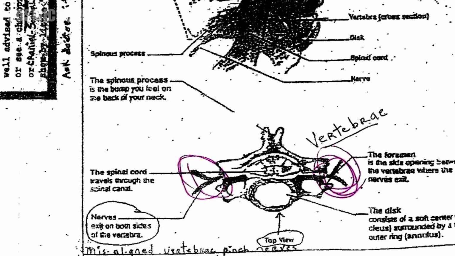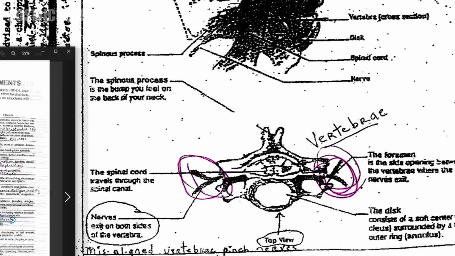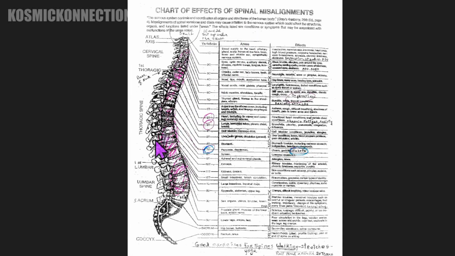So find your chart that says Chart of Effects of Spinal Misalignments, and look at the spine on the left hand side there. That's all the vertebrae stacked up on your spine. Then see the next column says vertebrae. That's the name of the vertebrae: cervical, thoracic, lumbar, tailbone.